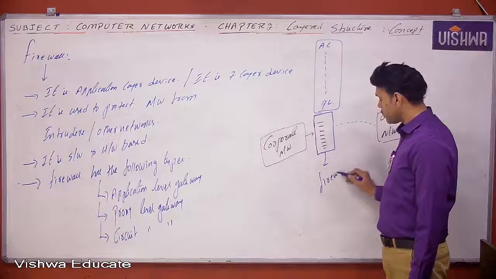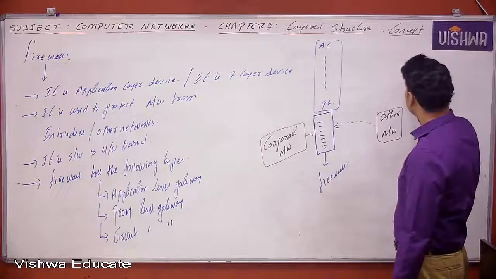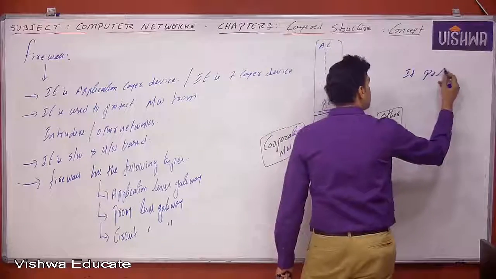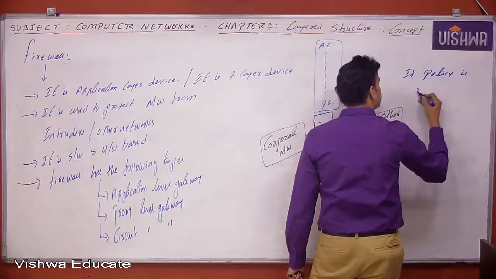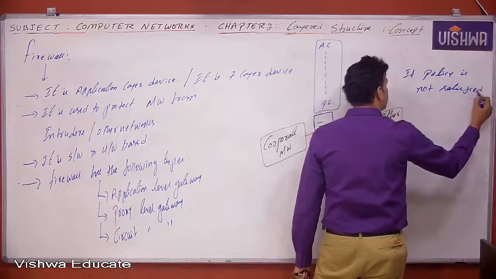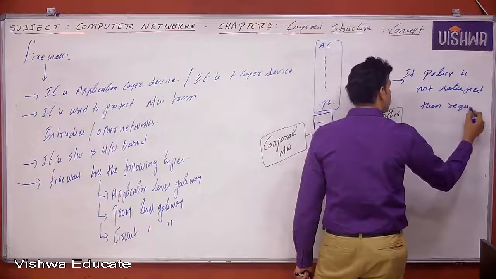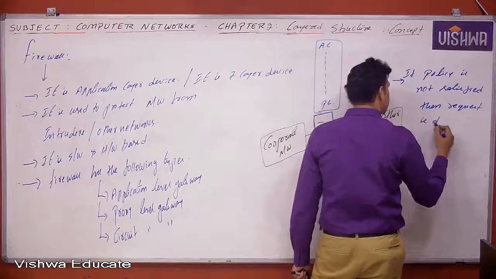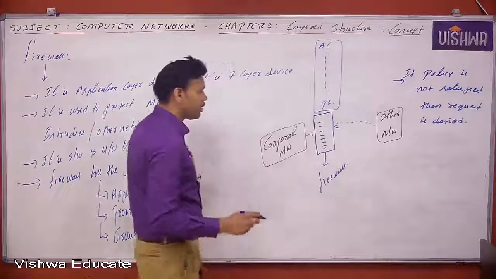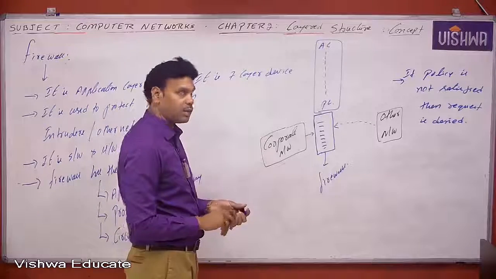This is your firewall. If the policy is not satisfied, then the request is denied. This is how we protect our network from intruders with the help of firewalls.